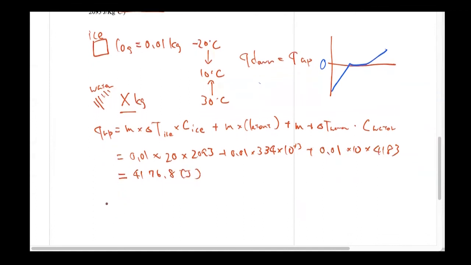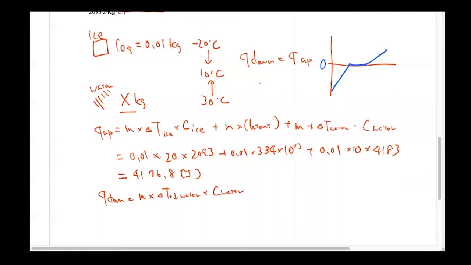And then you want to think about Q down, which is from this process. Again, Q down is m water multiplied by the specific heat of water.